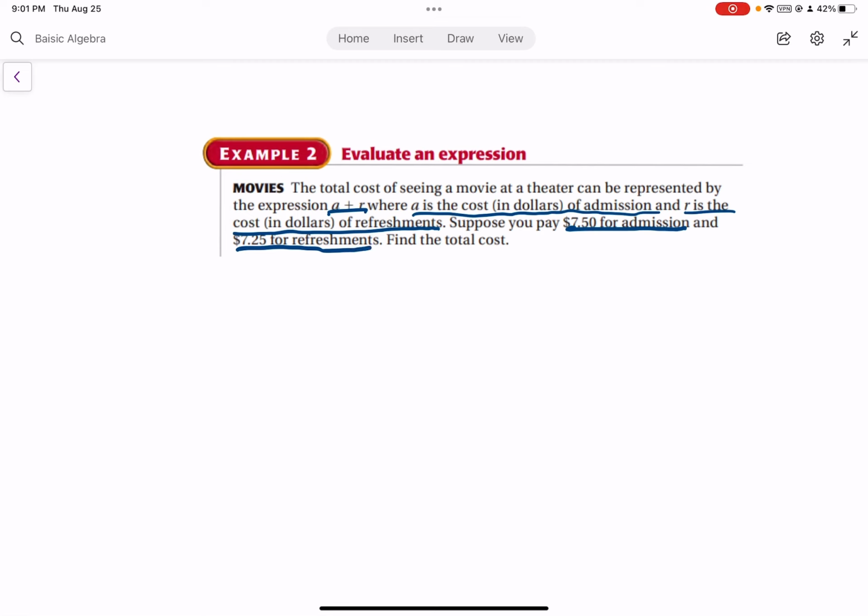Find the total cost. So we see that our admission cost is $7.50. Well, A is our admission, so we're going to look at $7.50 plus R, which is the cost of the refreshments, which we paid $7.25 for.